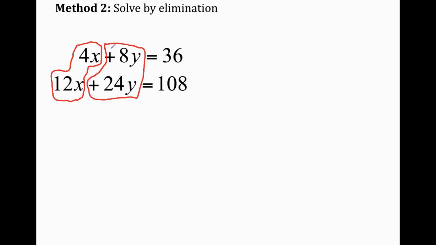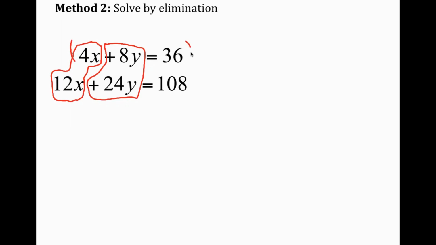The way you would go about this is that you need to get both of the terms to be the same values. So they need to have the same variable, and they also need to have the same coefficient. So for example, 4x and 12x would both need to be 12x, and you would multiply the equation containing 4x by 3.